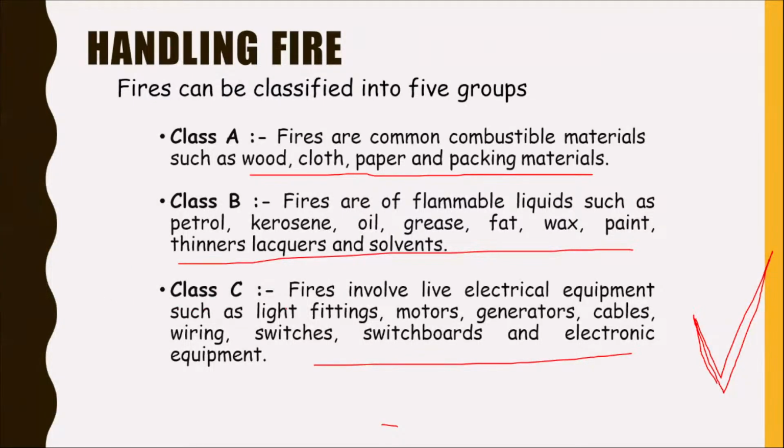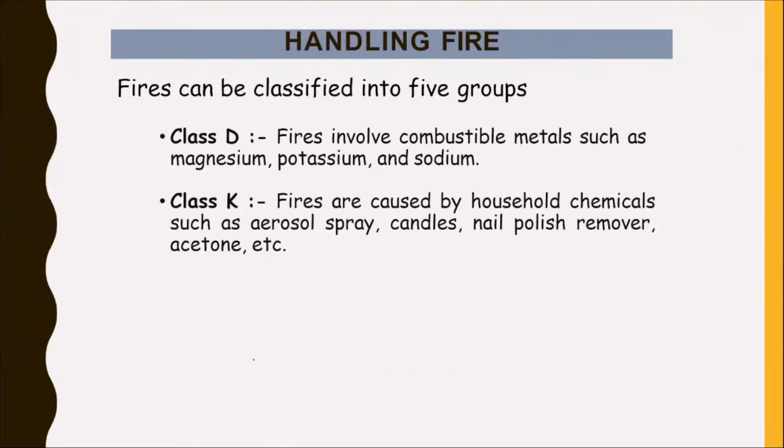Then class C fires involve live electrical equipment, so the fire is caused by electricity. Class D fires involve combustible metals such as magnesium, potassium, and sodium. You cannot expose those materials, especially potassium and sodium, to liquids like water.